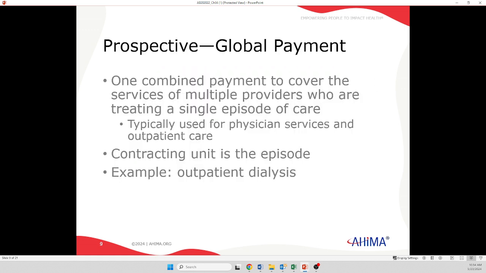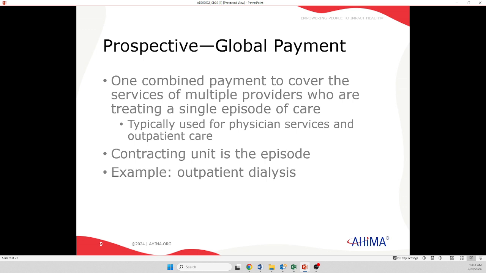Next, under perspective, we have the global payment. The global payment is a single episode of care payment. This again is looking at one episode, so the payment is for everything. The example that it has there is dialysis. So with a global payment, it pays for the dialysis equipment, the supplies, any labs, and any drugs.